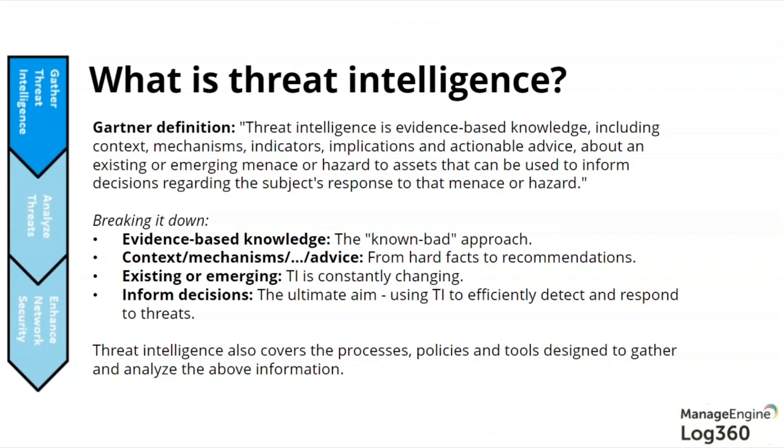The first thing, threat intelligence is evidence based knowledge, right? The field of threat intelligence is based on a very familiar known bad approach. This is one of the more classic and still highly efficient approaches to network security.